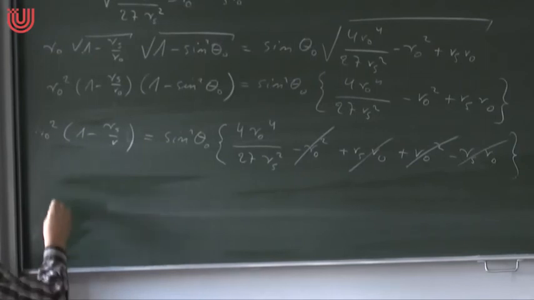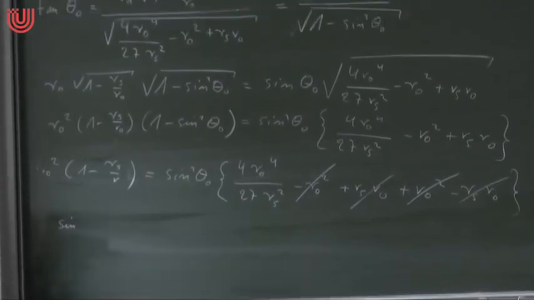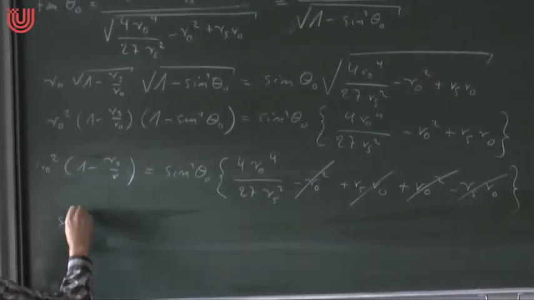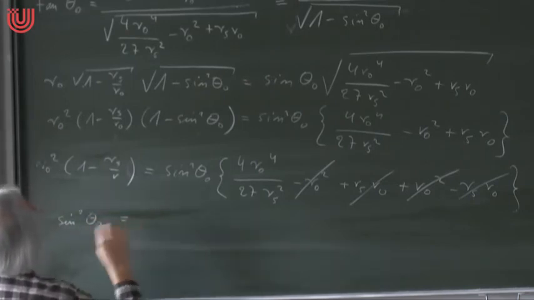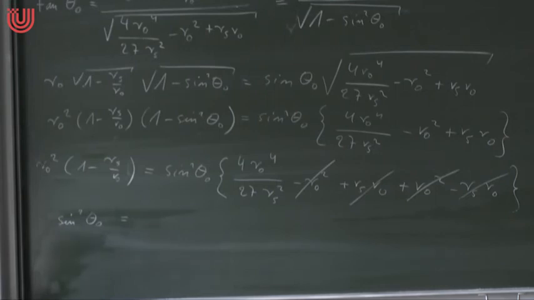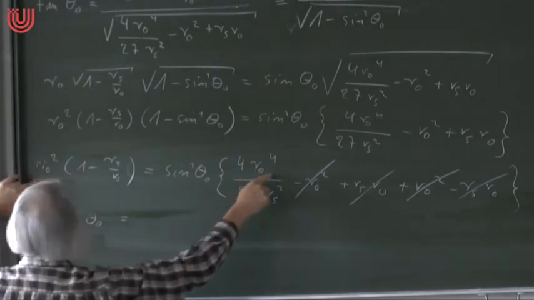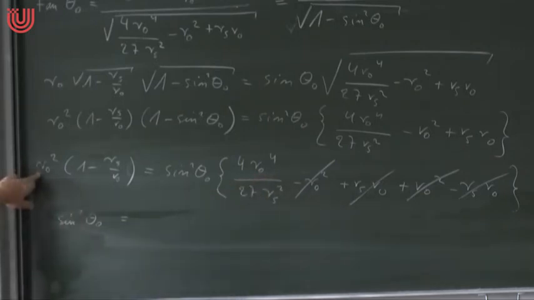And then I can solve for sine squared of theta_O. Then I get, that was an R_O here. Yeah, I think I have here R to the 4 and here squared.